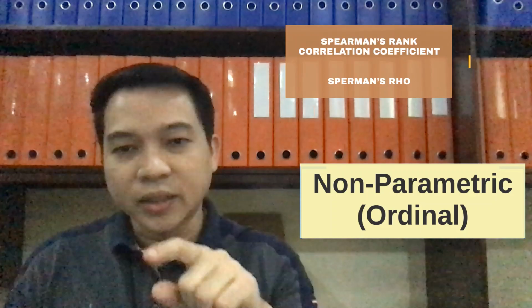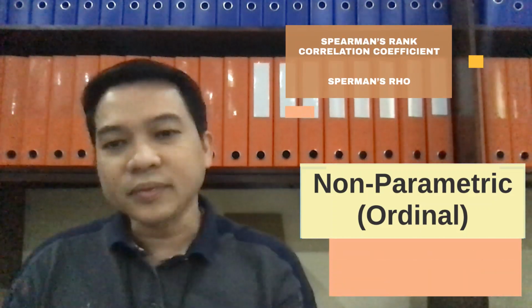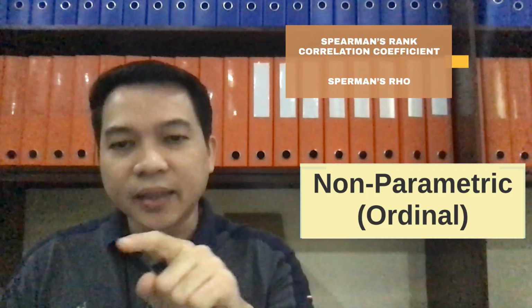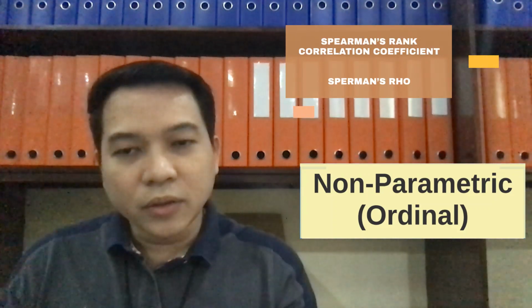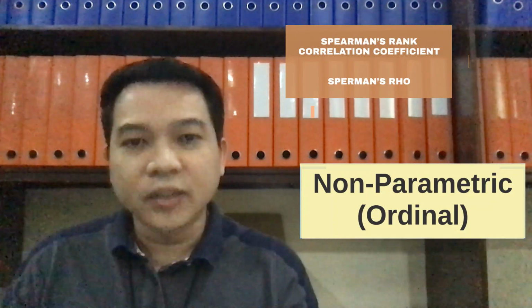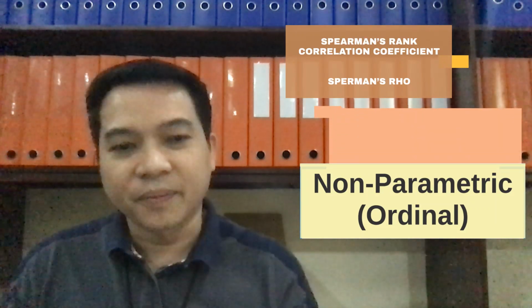It's like an italicized letter P. Okay, so when you're correlating ordinal data, you'll be using Spearman's rank.